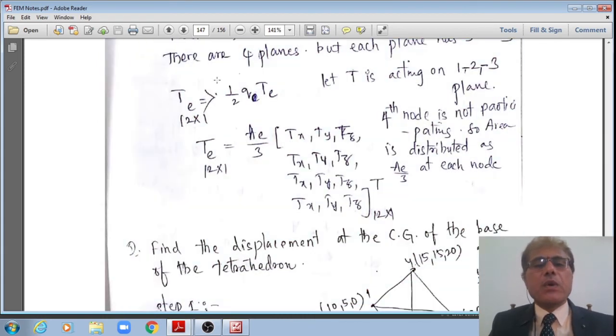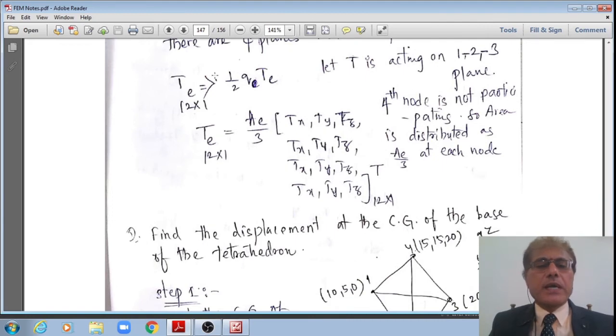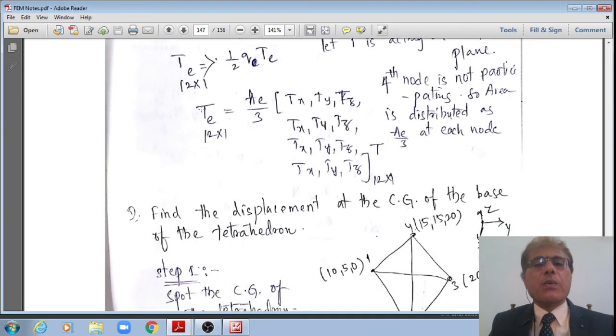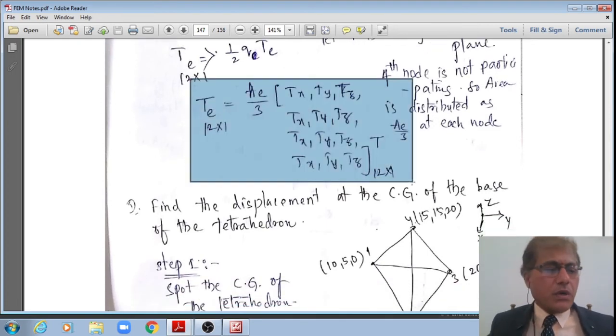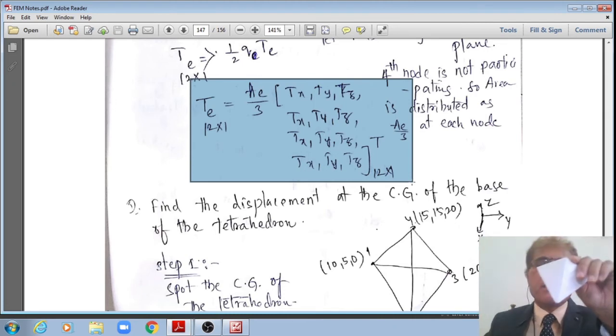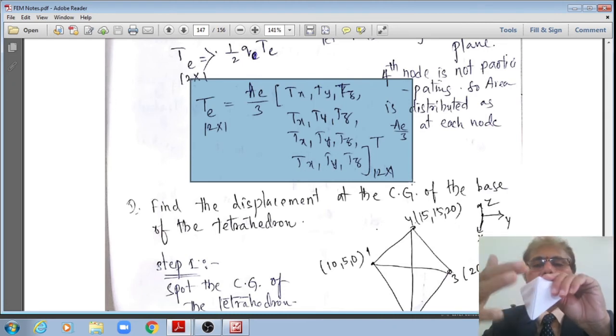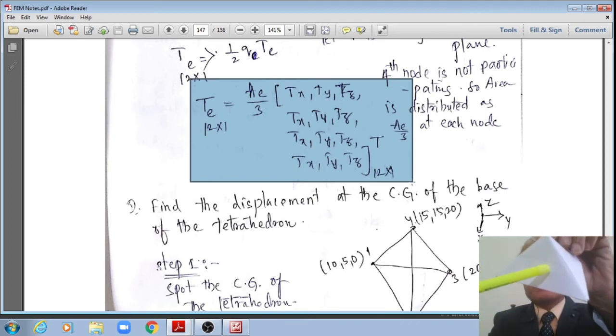Hence, now I'll take the work done by these traction forces, and as you have seen in the previous videos, please refer back to those, I can write it as half Q transpose multiplied by TE, where TE is called the element traction force vector, because the traction forces are acting on this plane like this. Generally they are presumed to be acting at the CG of this element.